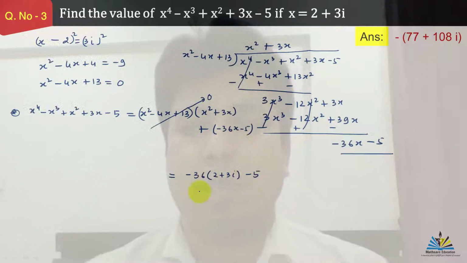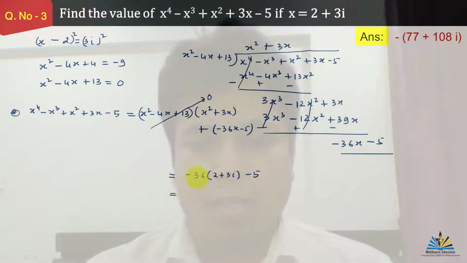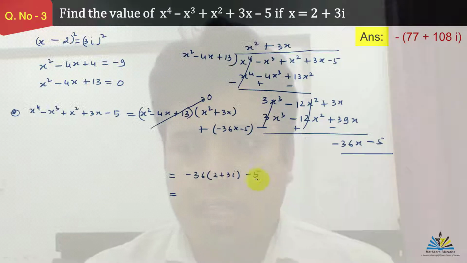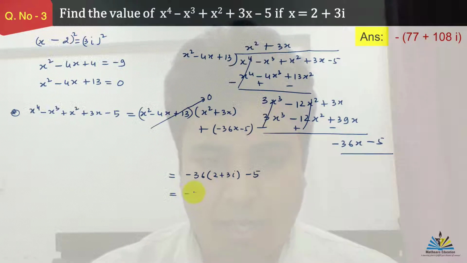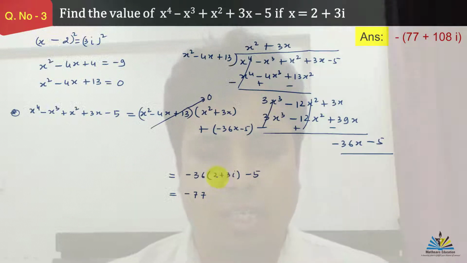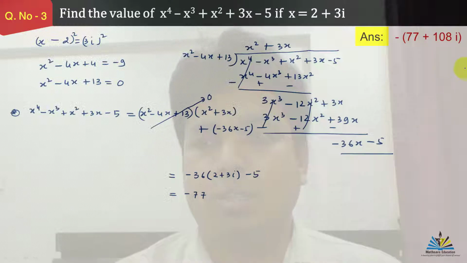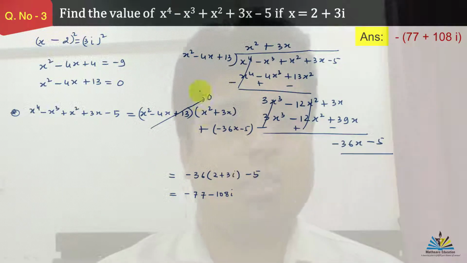If we solve this, we will get minus 72 minus 5, that is minus 77, and minus 36 into 3i, that is minus 108i. So this is the answer for this question.